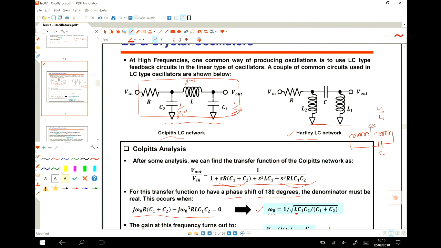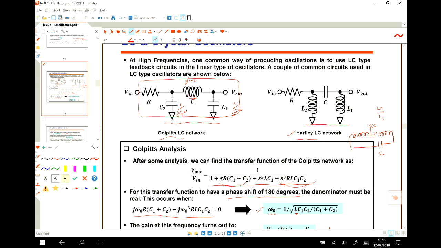So these losses can come from the resistance of this one, or the equivalent resistance of this capacitor or this one, and the whole thing we model with this R. Okay?